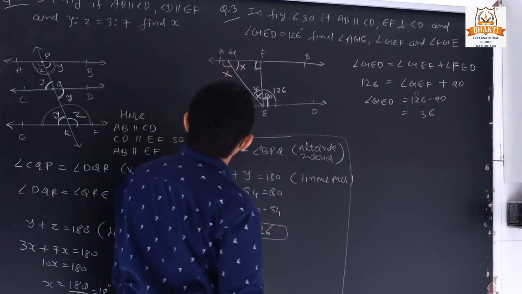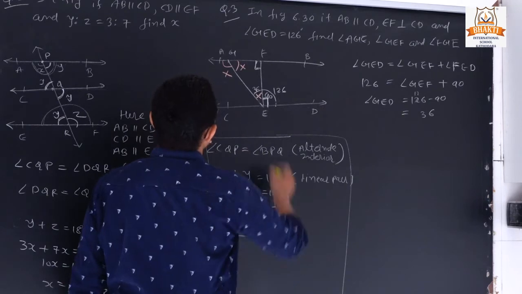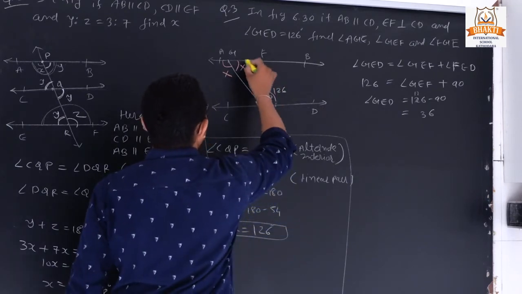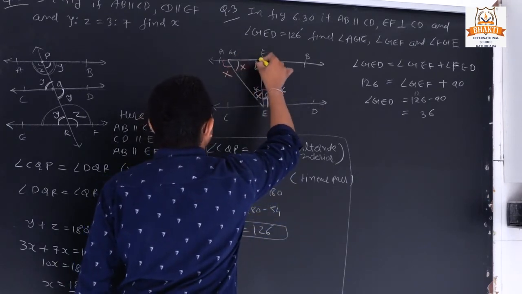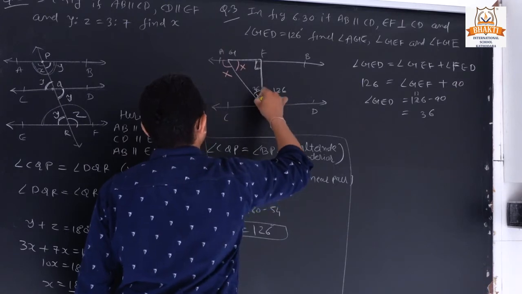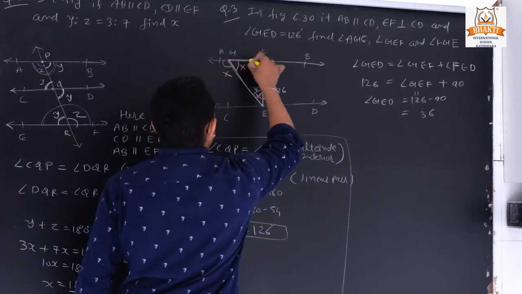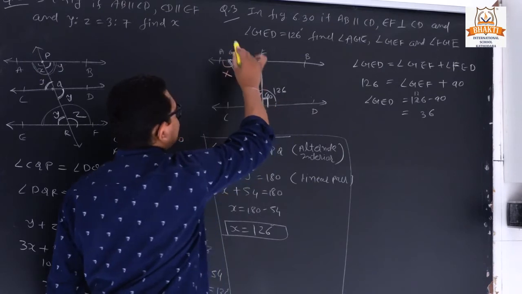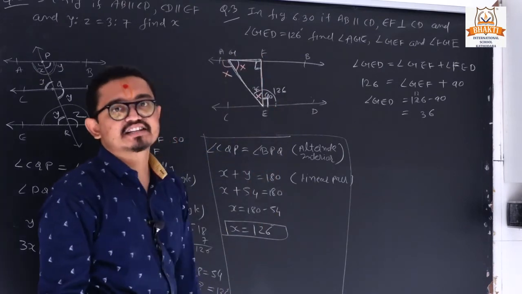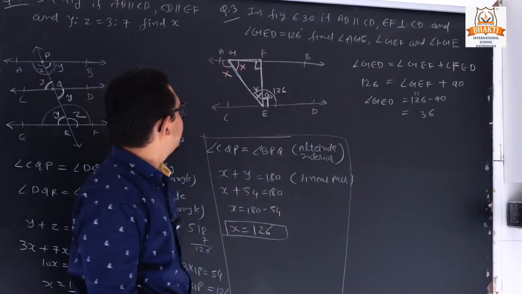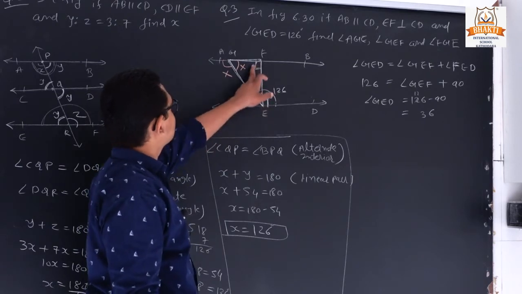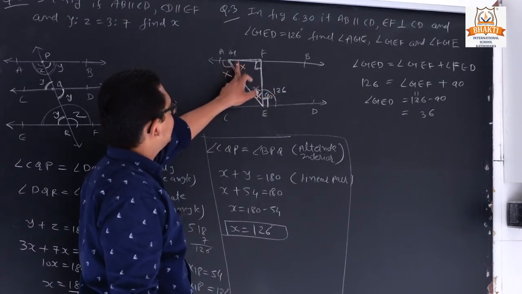Now see that it is 36 and it is 90, so here we are using the property of a triangle: the sum of all angles of a triangle is 180 degrees. We already have these two, so we can find the third remaining angle.